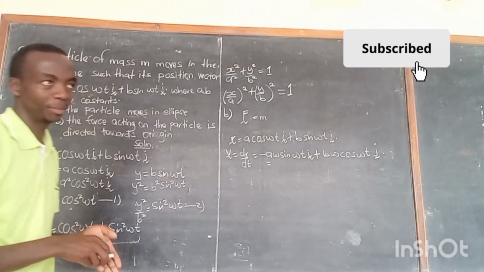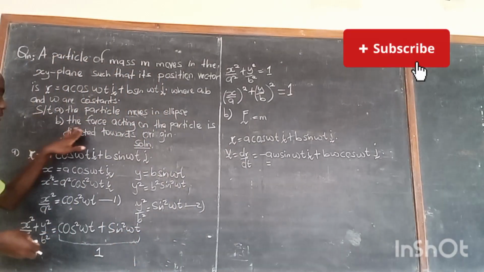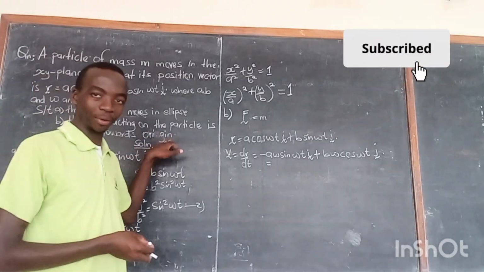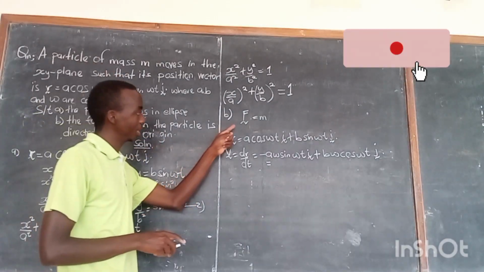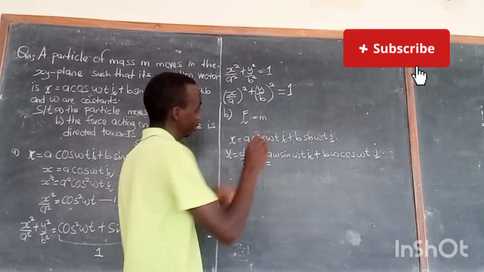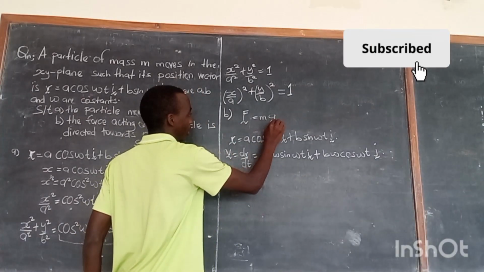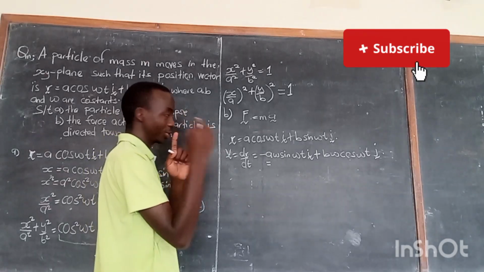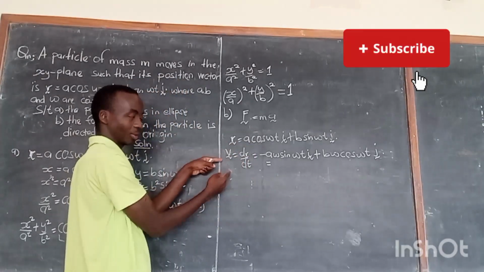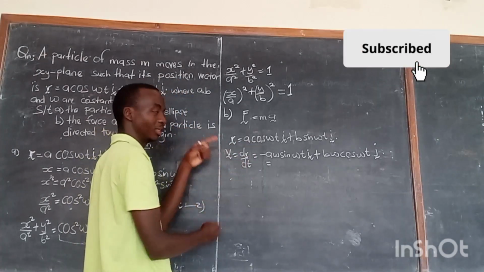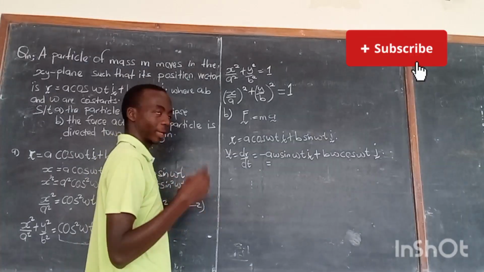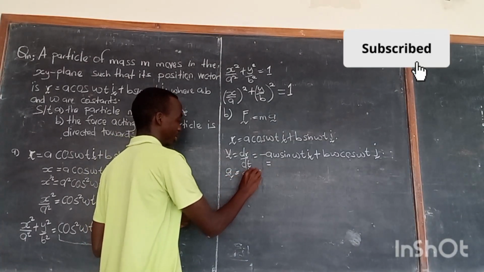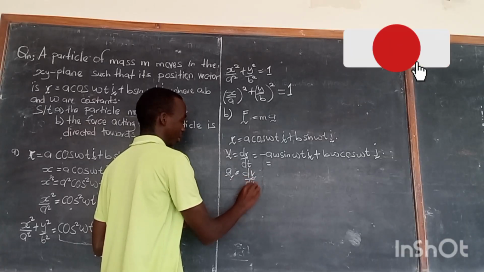Part B says, show that the force acting on the particle is directed towards the origin. So we know that this force is equal to ma. From our position in the question, the position is this. When we differentiate, we get velocity. When we differentiate again, we get acceleration. So acceleration is equal to dv/dt.